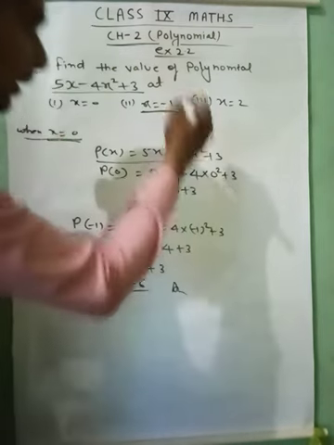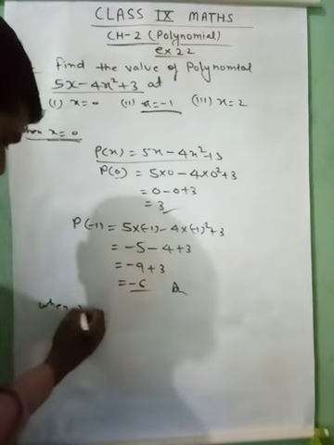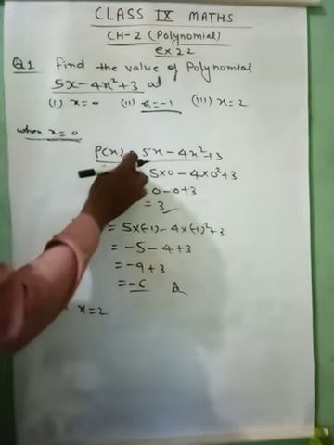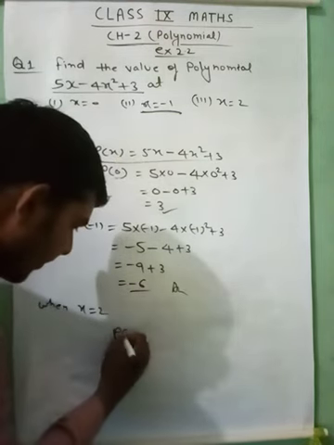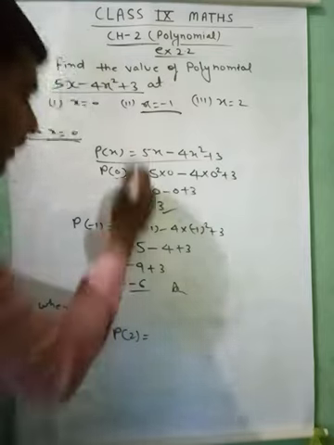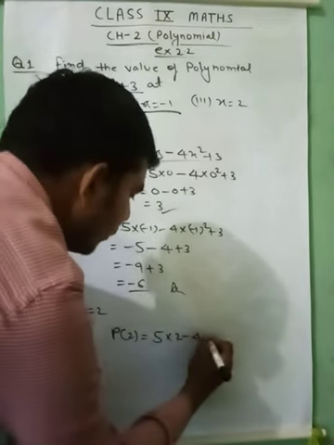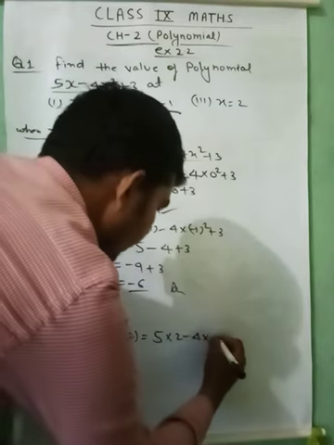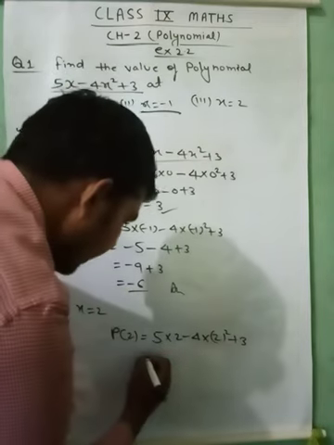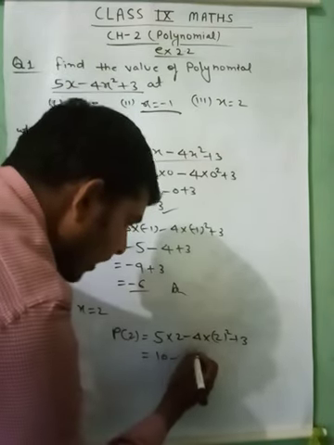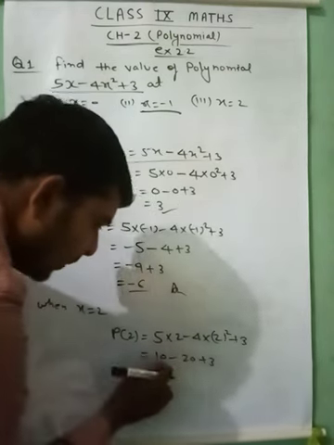It's your answer. Third is x is equal to 2. When x is equal to 2, put in this equation at the place of x: p(2), here 5 into 2 minus 4 into 2 square plus 3. It will be 10 minus 20 plus 3. It is plus sign.